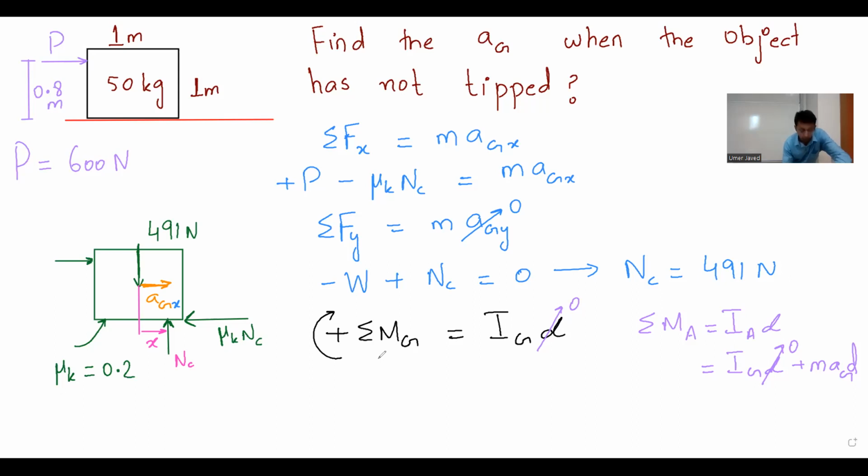Anyways, now I will finish the question by saying 600 into 0.3, correct?